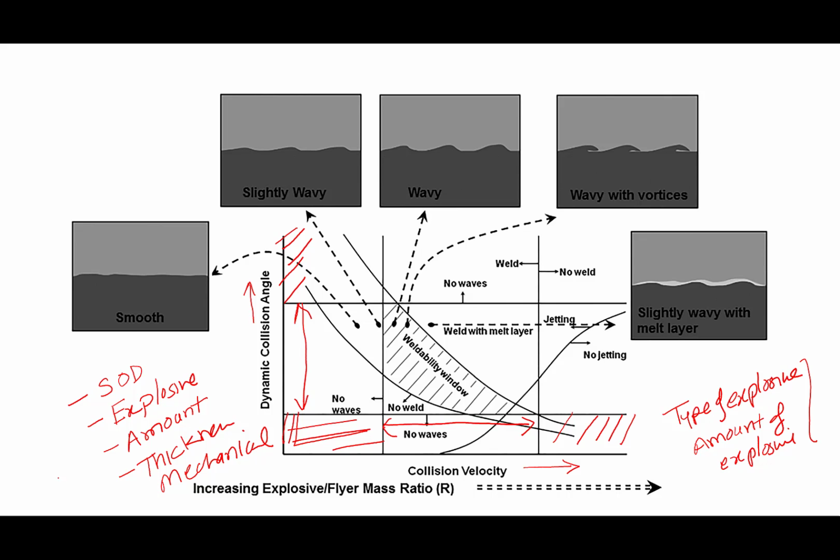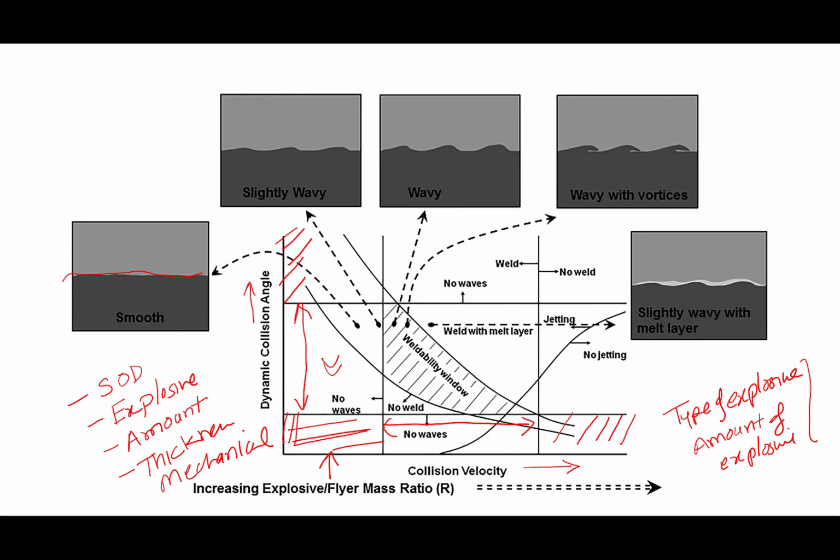So what is happening here, if you see, when the collision velocity is low, for the entire range of the collision angle, there is no joint formation, but primarily a flat interface is produced. A flat interface is known to give lesser joint strength or no metallic joining across the interface.